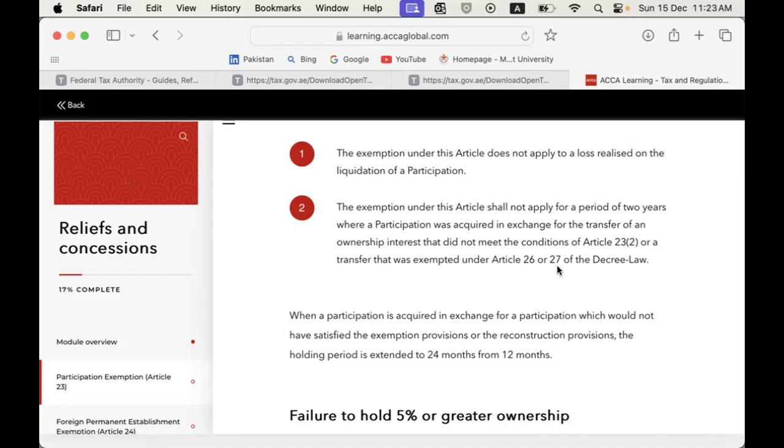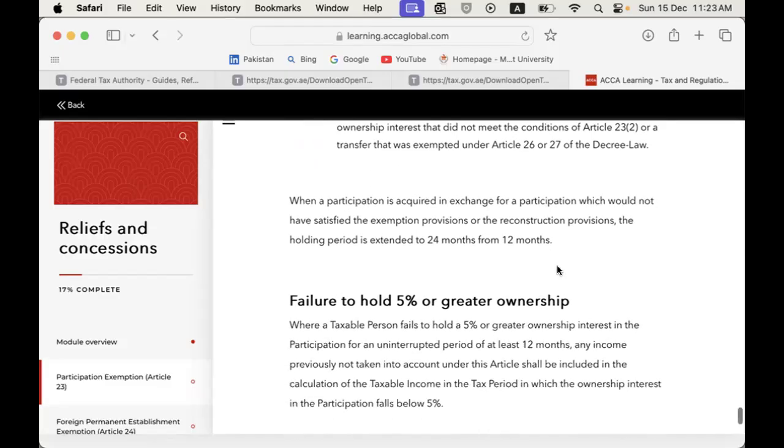So if one company transfers shares to the other company within that qualifying group, then this participation exemption will not be available. Same thing goes for the restructuring. So under the UAE corporate tax law, if such assets were transferred during a restructuring transaction, this exemption will not be available.